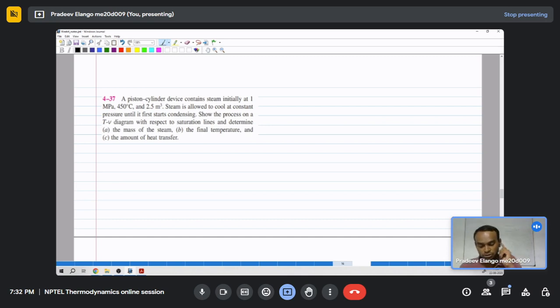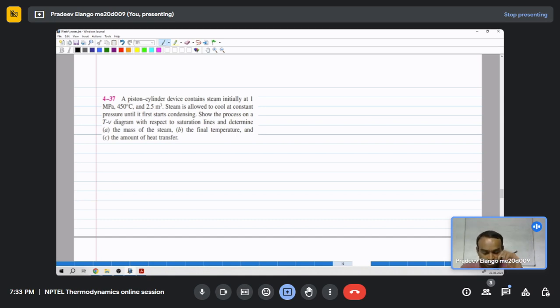The next problem: a piston cylinder device contains steam initially at 1 megapascal, 450 degrees Celsius and 2.5 meter cube. Steam is allowed to cool at constant pressure until it first starts condensing. Show the process on a TV diagram with respect to saturation lines and determine the mass of the steam, the final temperature and the amount of heat transfer.